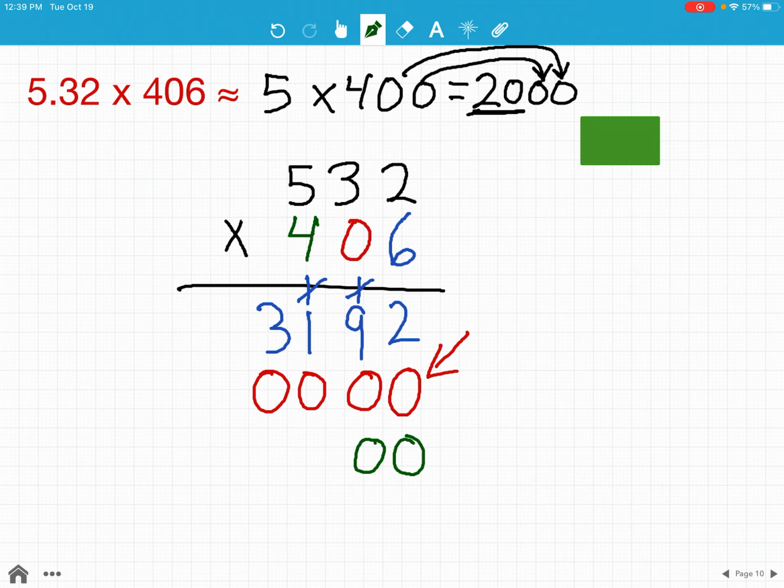So I know my answer is going to have 2 zeros here, because it's 400 times 532. All right, so now we're going to do 4 times 2, and that's 8. Then we have 4 times 3, which is 12.